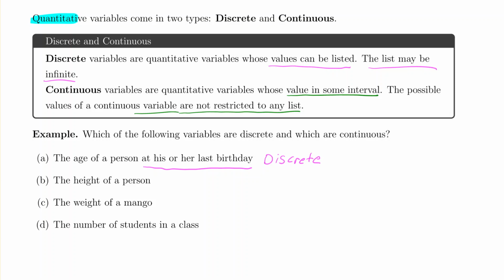It will be different if we just talk about age in general, because then it will be time. Maybe someone is 47 years old, 17 days, and some hours. In that case, it will be continuous. But here they specifically say at his or her last birthday.